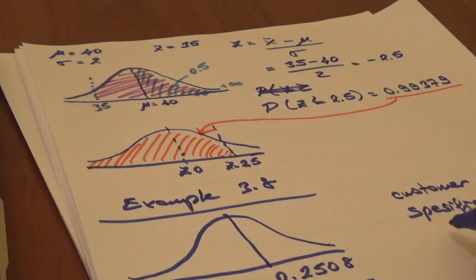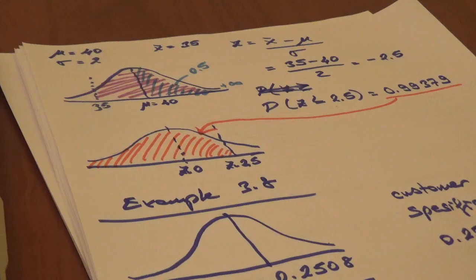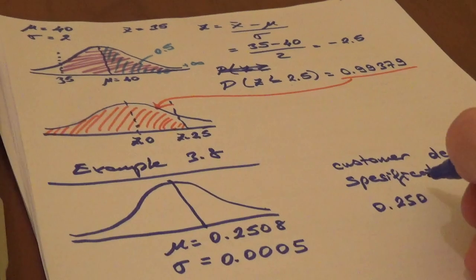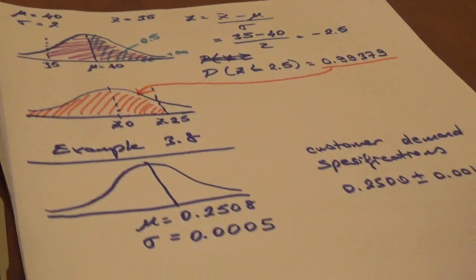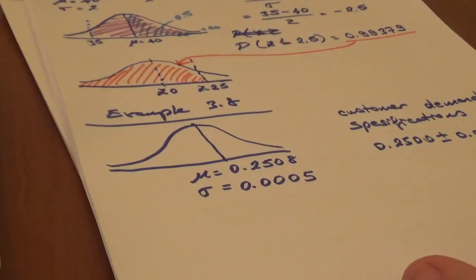What is it? It is 0.25 plus minus 0.0015. So let's draw this.